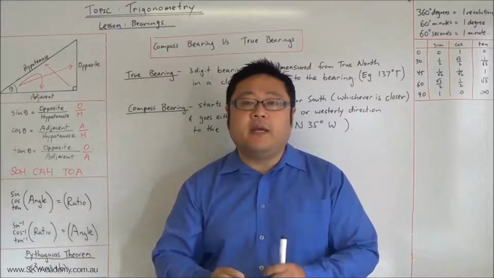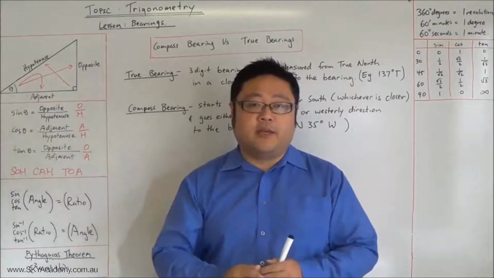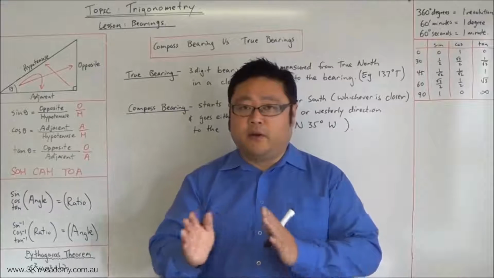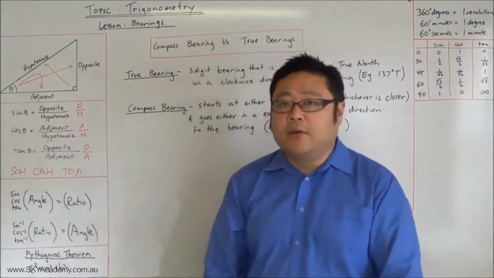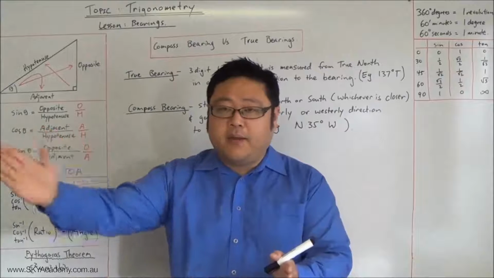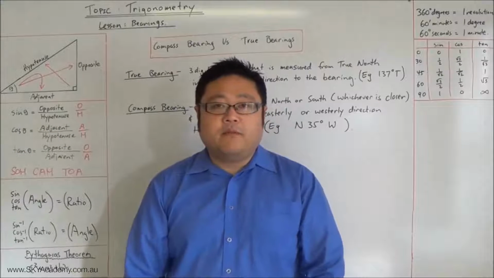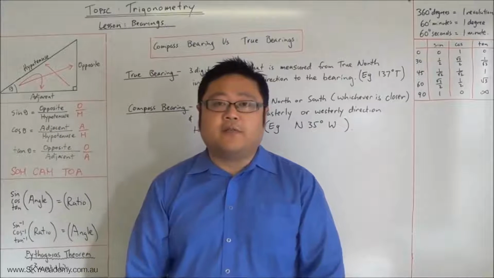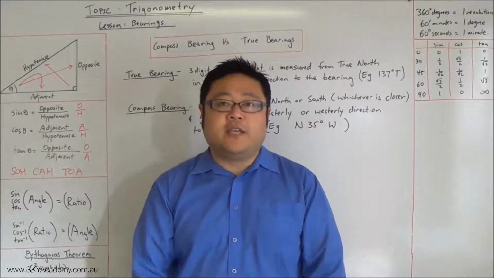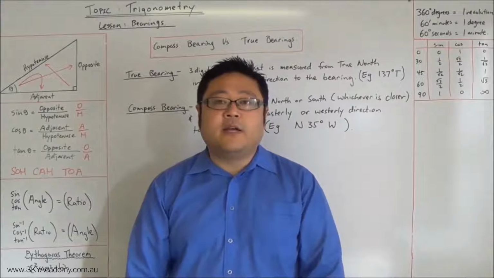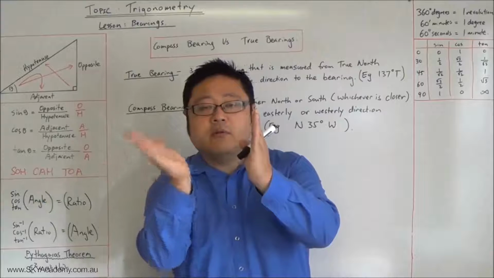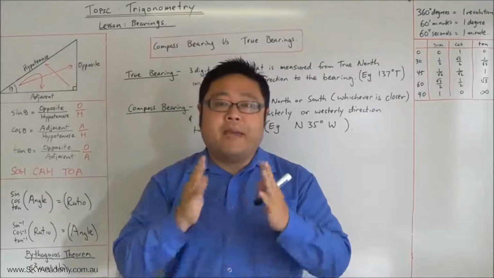Bearing meaning direction. If you are going on a bushwalk and you needed to get from point A to point B, one of the first things you'd have to work out is the direction that you need to go. That direction is measured as an angle, or a bearing.